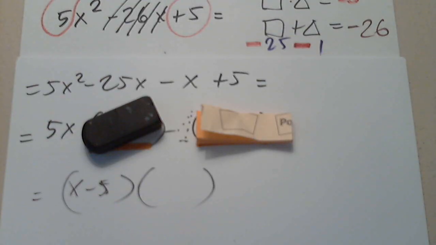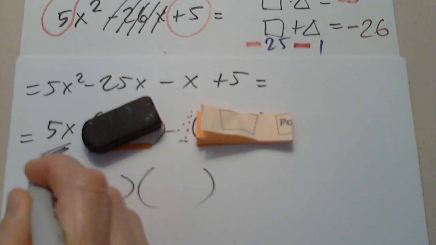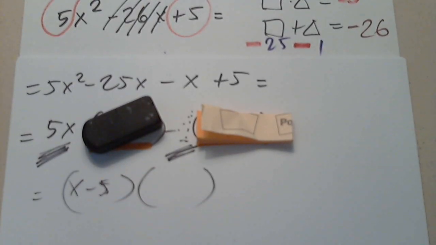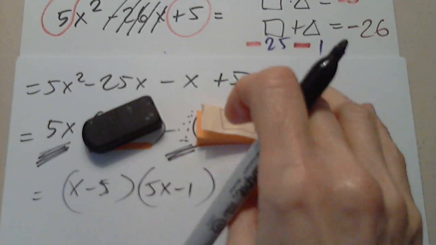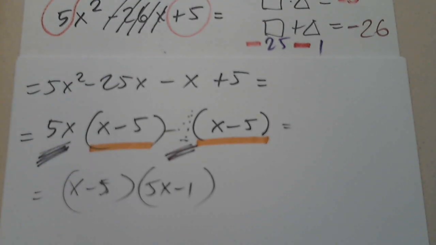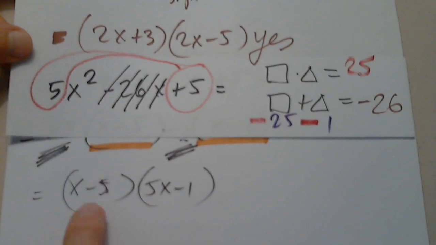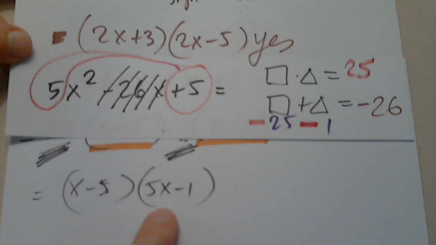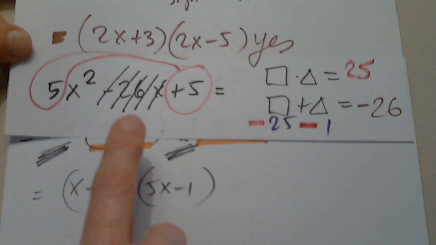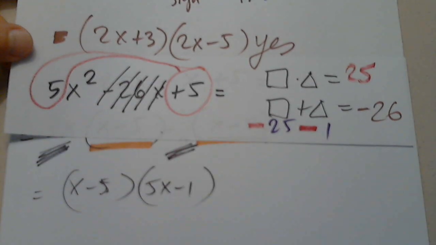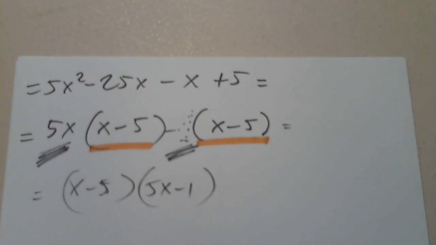So what is it? 5x minus 1. Very good. So now we check. X times 5x, 5x squared, minus x minus 25x, negative 26x. Negative 5 times negative 1, positive 5.